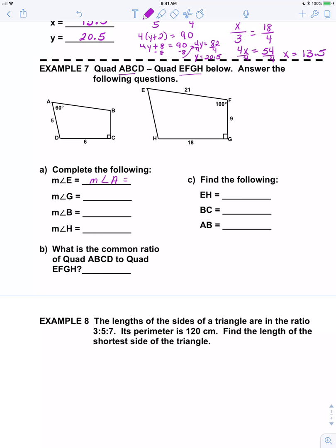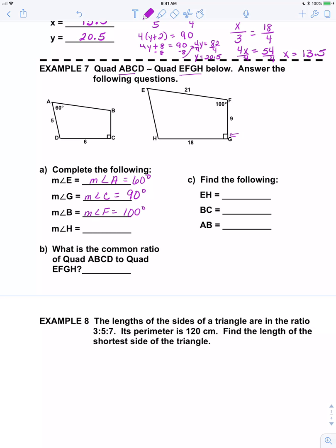A, which is 60 degrees. Okay. Angle G, remember that box tells us that it's 90, so then that should be the same as angle C, which is also 90 degrees. So angle B corresponds to angle F, which is 100 degrees.